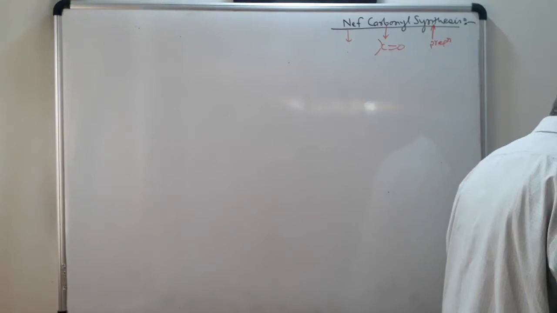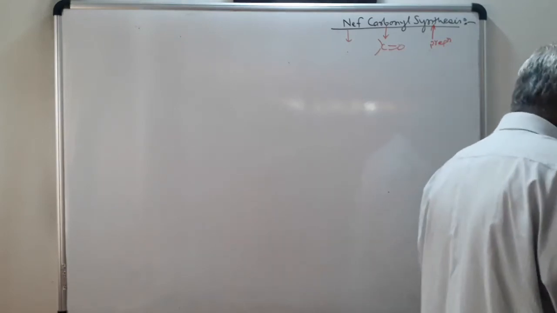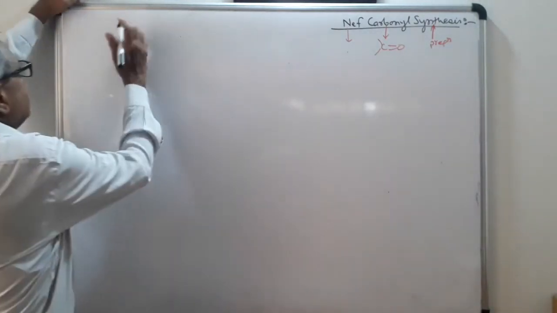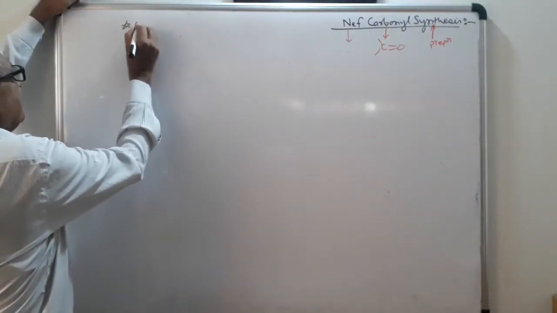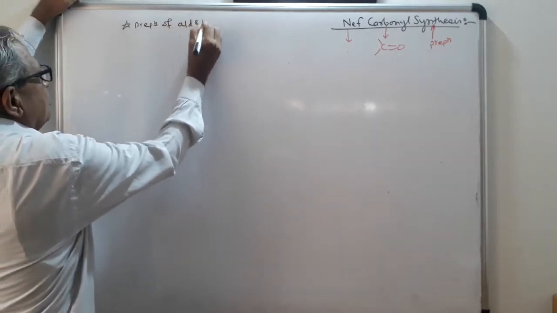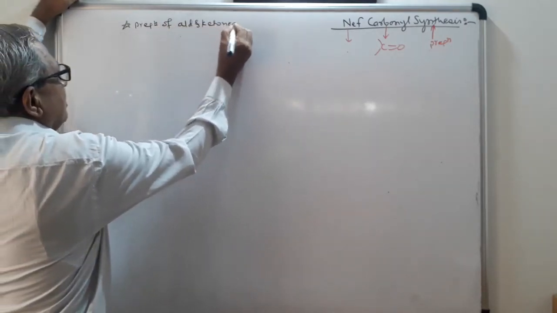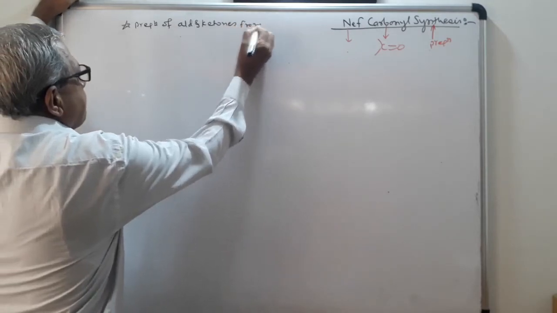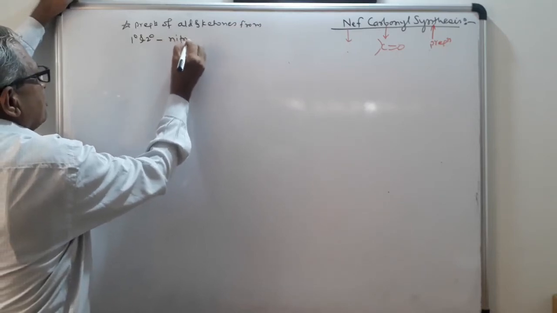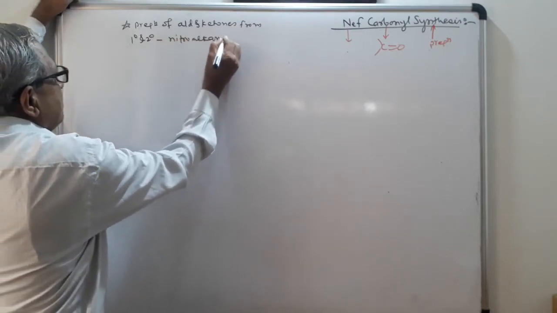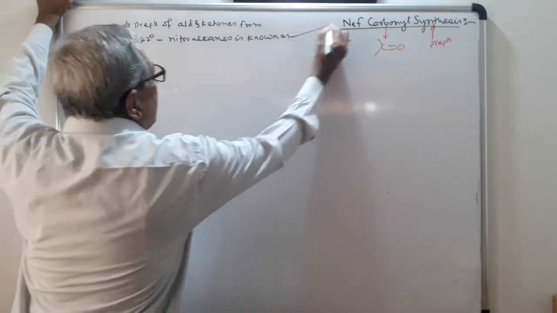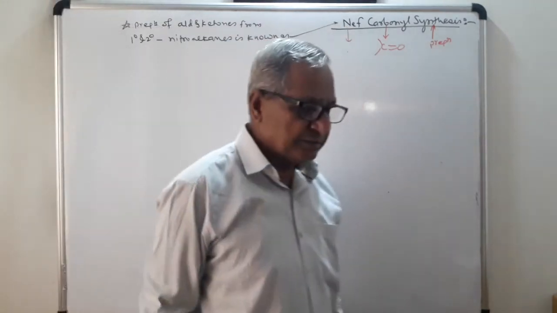Now try to understand here Nef carbonyl synthesis. So the first important point: synthesis or preparation of aldehyde and ketone from primary and secondary nitroalkanes is known as Nef carbonyl synthesis.